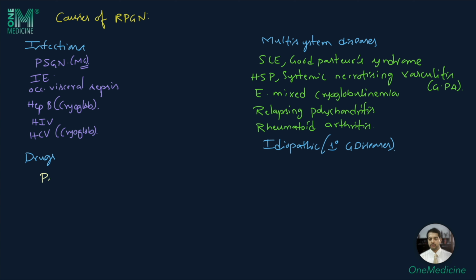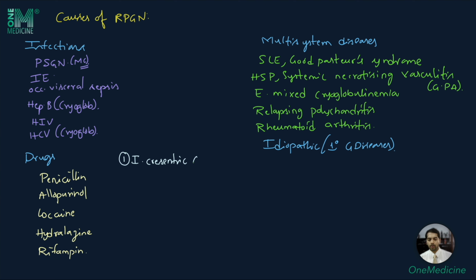Drugs include penicillin, allopurinol, cocaine, hydralazine, and rifampin. Idiopathic is further divided into idiopathic crescentic glomerulonephritis and diseases that are superimposed on other glomerular diseases.